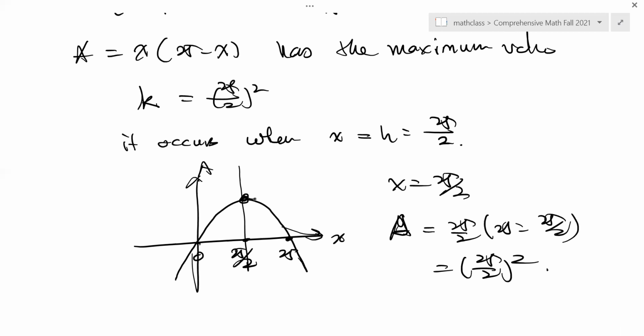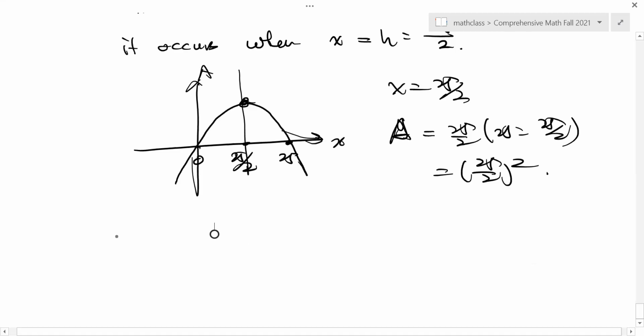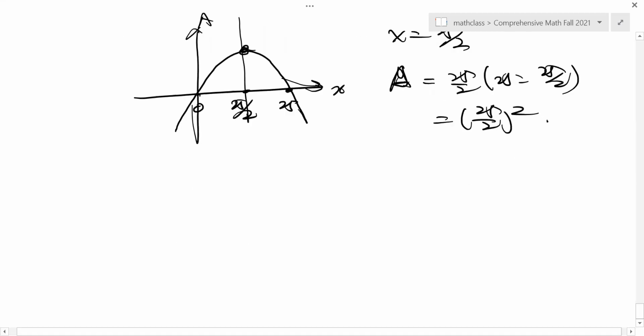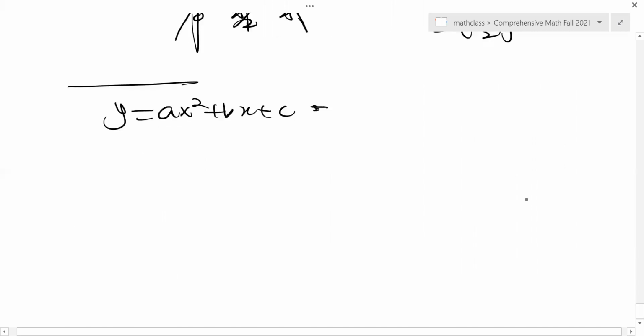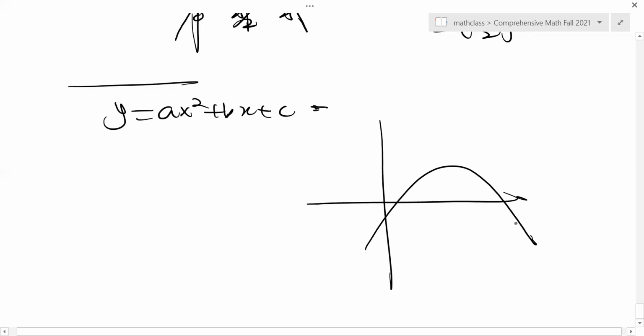Okay, so this is about quadratic function theory, and I hope you understand this. And remember, if we're given a quadratic function y equals ax squared plus bx plus c, and you want to draw the graph, if a is negative, then in general the graph looks like that.